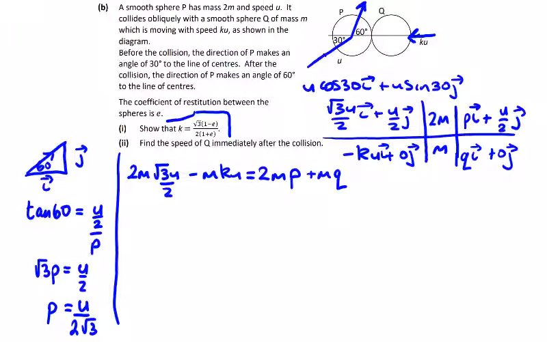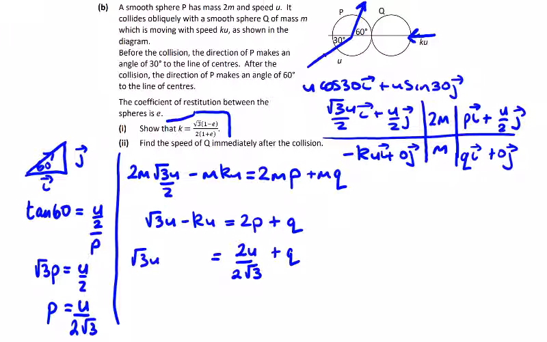So dividing by m and simplifying, we're going to get root 3 u minus ku is equal to 2p plus q. So we may as well put p in here, 2 times u over 2 root 3, plus q equals root 3 u minus ku. 2's will cancel. So I have a root 3 u and I have 1 over root 3 u, so let me just simplify that. I'll bring them over first.